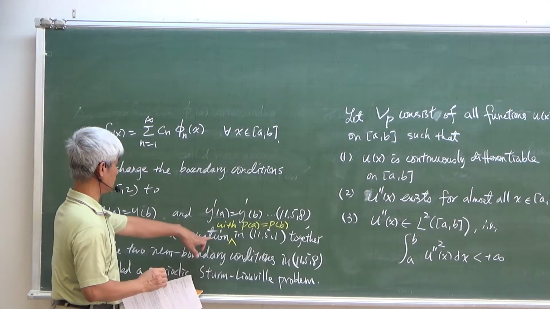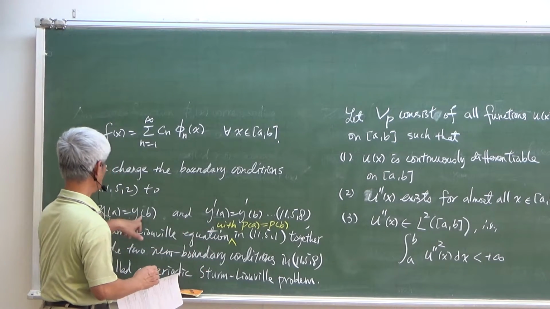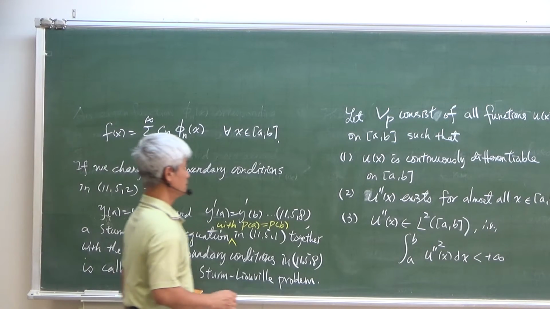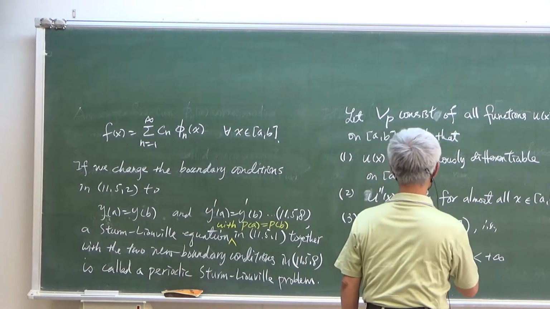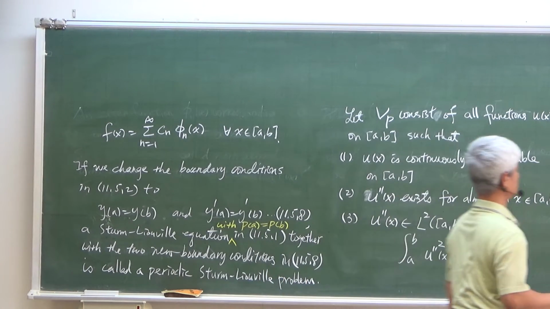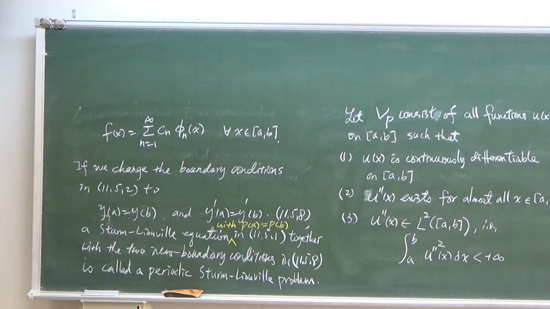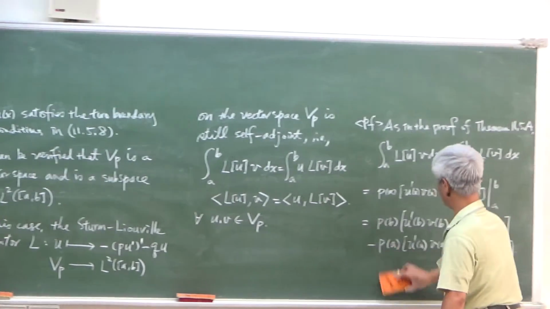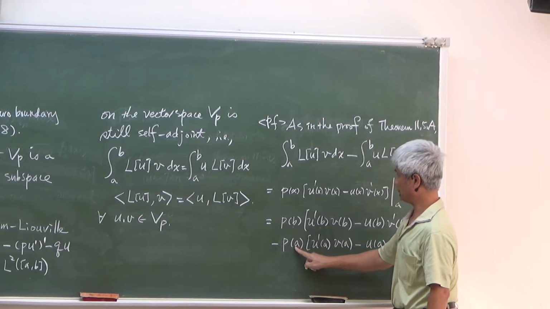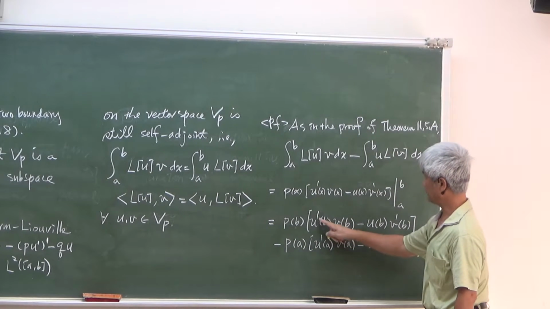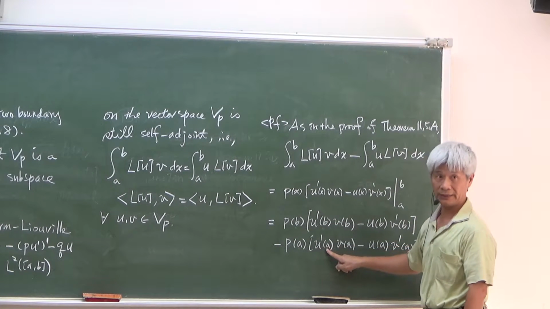And the two boundary conditions for u and v, right? So you can see that p(b) is equal to p(a) and u prime (b) equal to u prime (a), right?